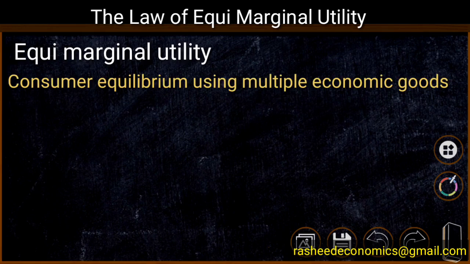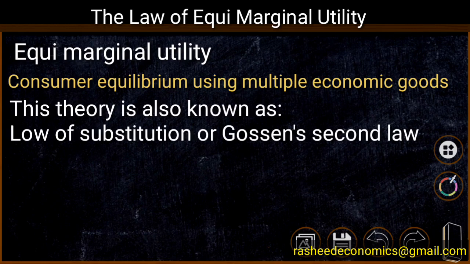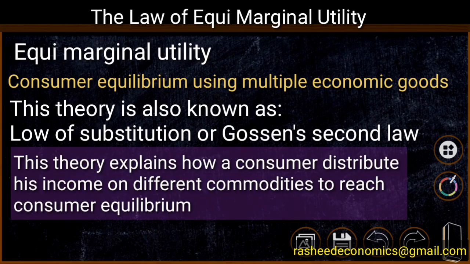This theory is also known as the law of substitution or Gossen's second law. In this theory, we are explaining how a consumer distributes his income on different commodities to reach equilibrium.